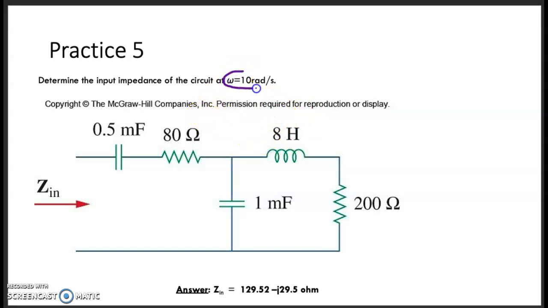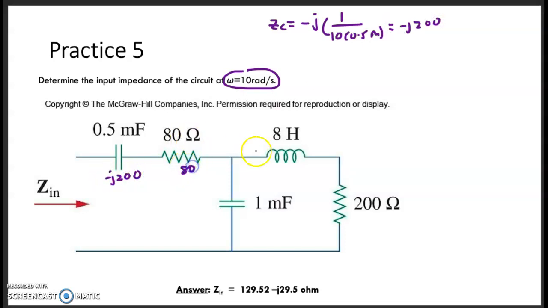You are always given the omega, 10. Use this omega by changing this circuit slowly. The first one is minus j 1 over 10 times 0.5 microfarad. You can get minus J200. So just write here minus J200.